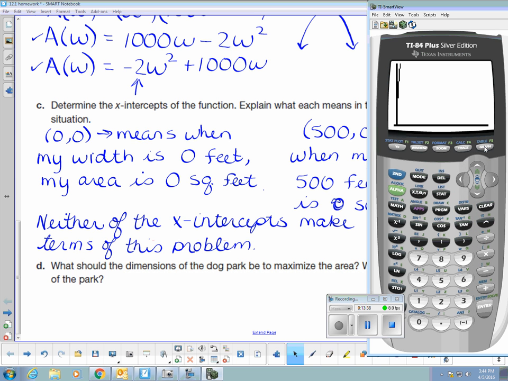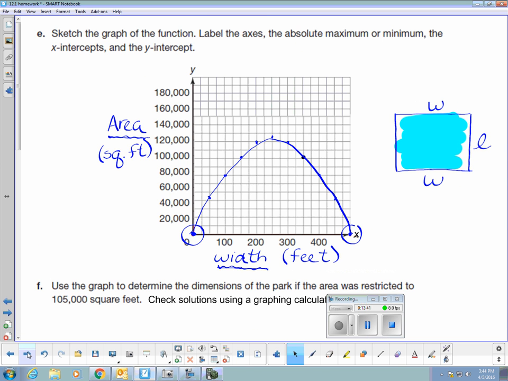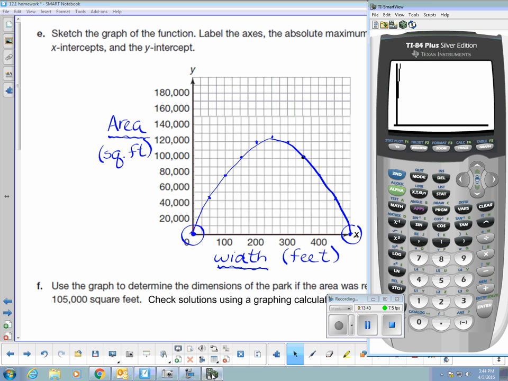To help us find the correct window, I'm going to take a look at the graph that we have set up so that we can see that our window goes from 0 on the x-axis to 500 on the x-axis, and on the y-axis from 0. And I think if we put in 130,000, we should get a clear picture. And now we can find our maximum.